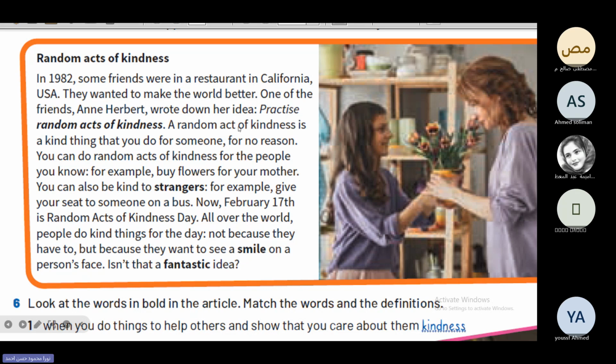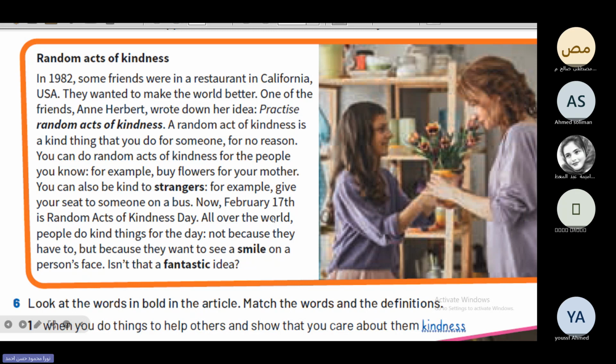A random act of kindness is a kind thing that you do for someone. And remember, for no reason. You can do random acts of kindness for the people you know. For example, buy flour for your mother. You can also be kind to strangers. For example, give your seat to someone on a bus.